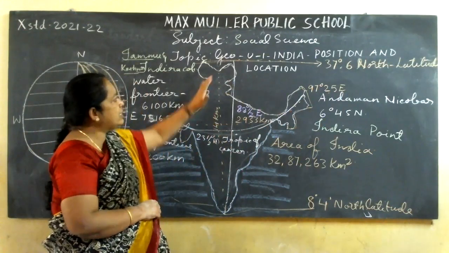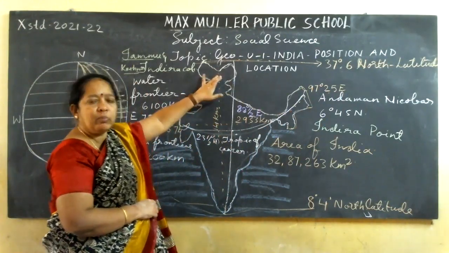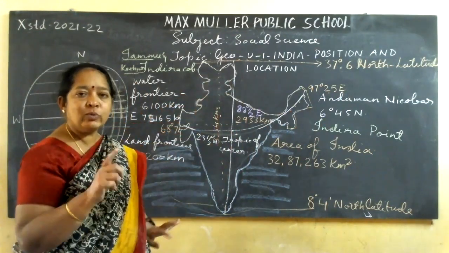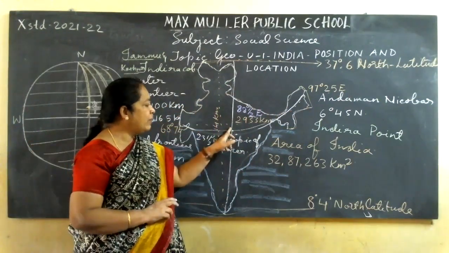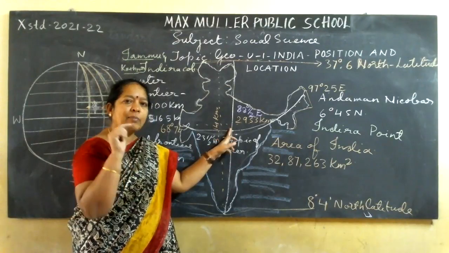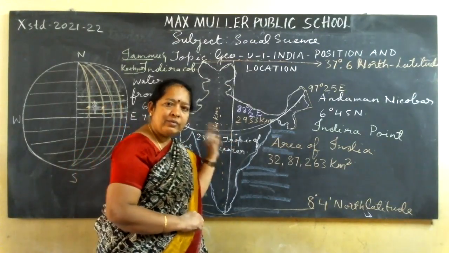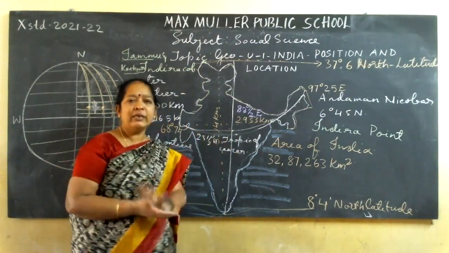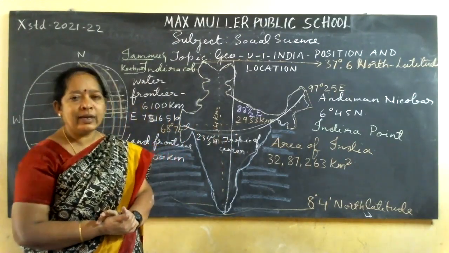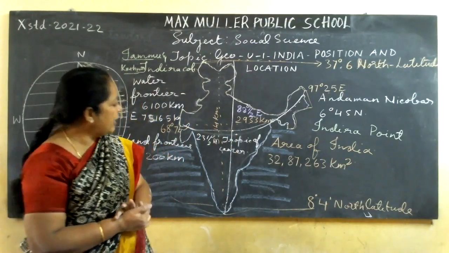Next is longitude. The important longitude is 82.5 degree east longitude, and the midpoint is in Allahabad in Uttar Pradesh, and the same time is maintained as Indian Standard Time all over India.